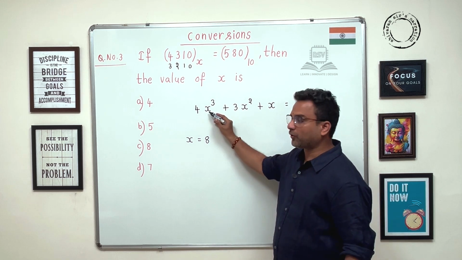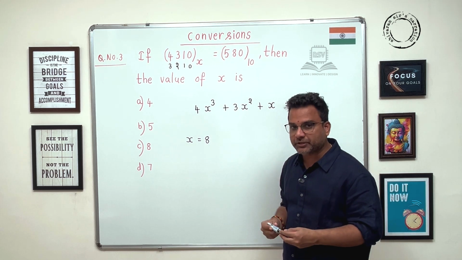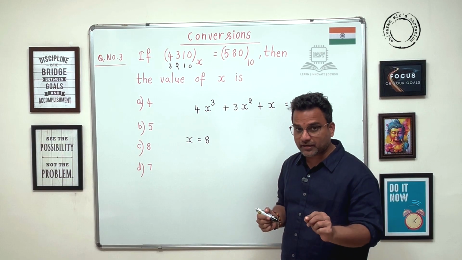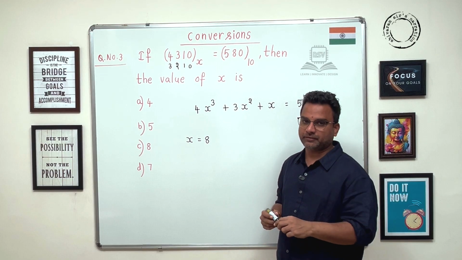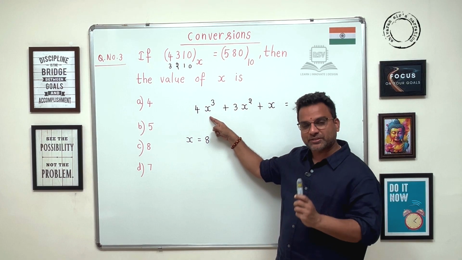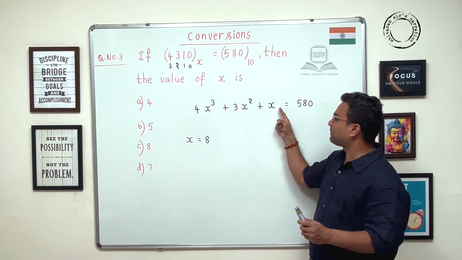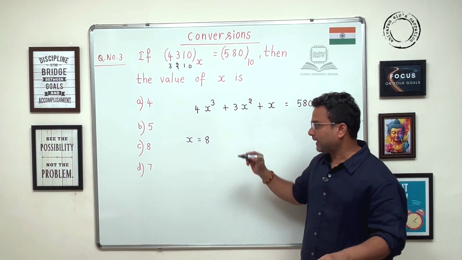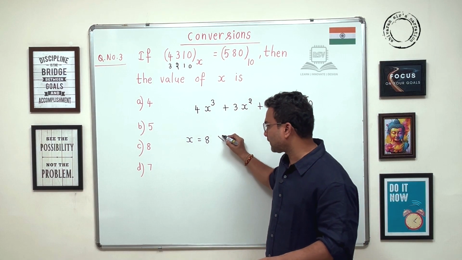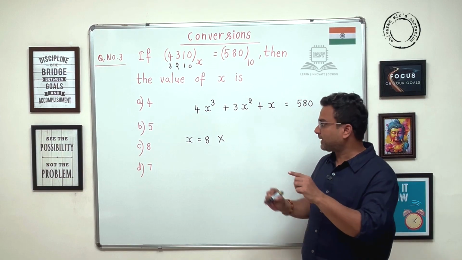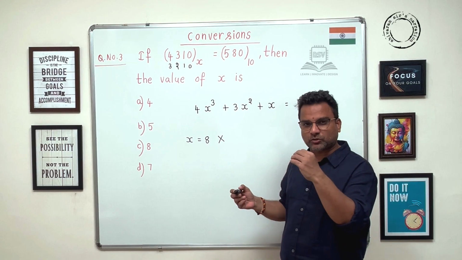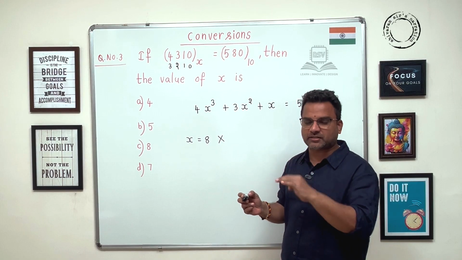Let us consider 4x cube. 8 cube is 512. 512 into 4 is nearly 2048. If this itself is 2048, then how will it be equal to 580? Not possible. Hence, x equal to 8 is not the correct option. It is around 2048, right? Then x is not at all 8 or 7.